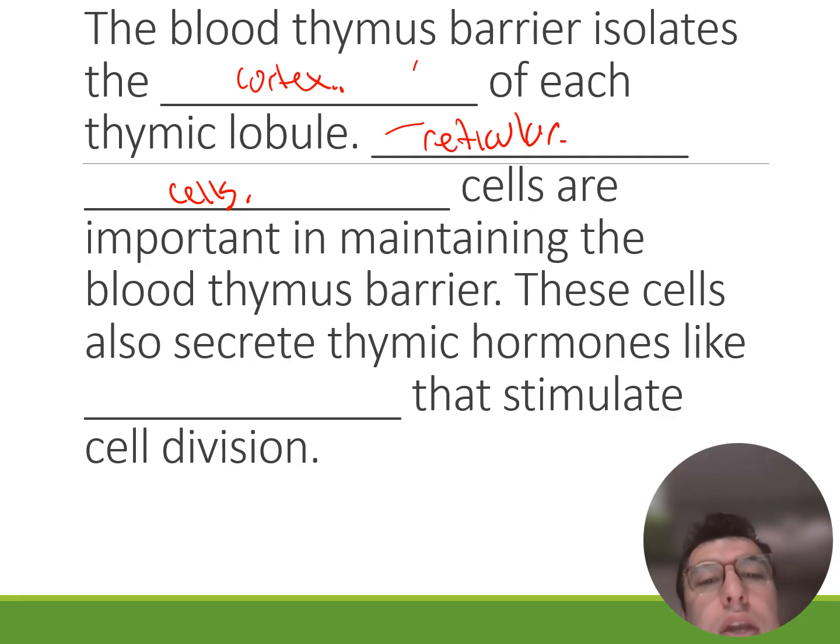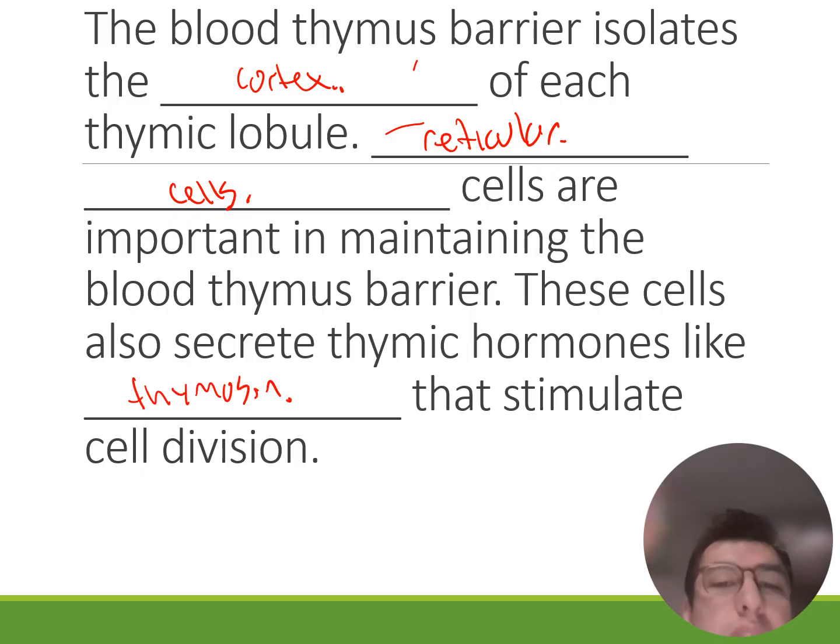These cells also secrete thymic hormones like thymosin that stimulate cell division of the good cells, of the cells that have passed. Once the genetic makeup of the T cell has passed the test, then it can divide before it is released into circulation.